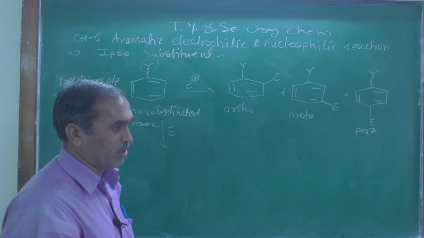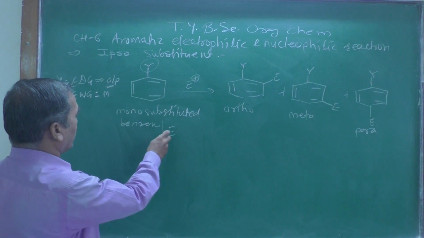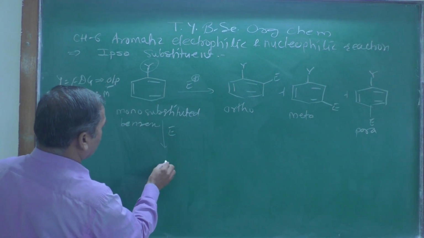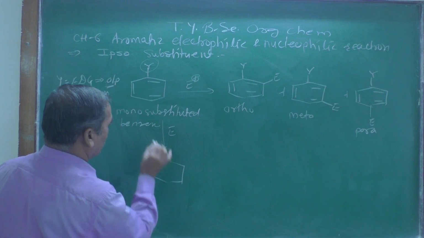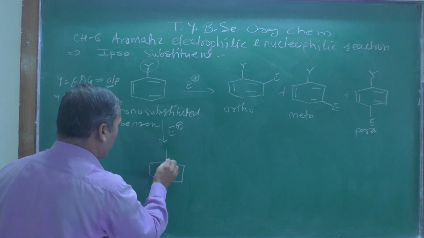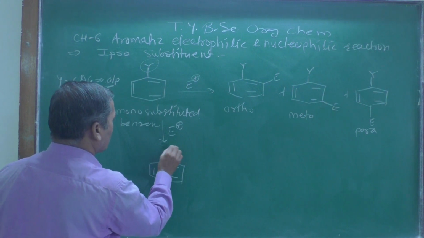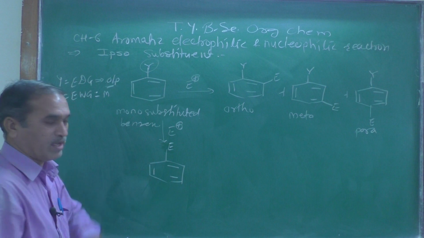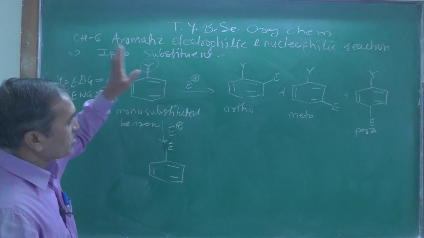Now let us see this monosubstituted benzene when it is treated with that electrophile. Listen carefully here, what is going to happen: this Y group gets replaced by the electrophile.